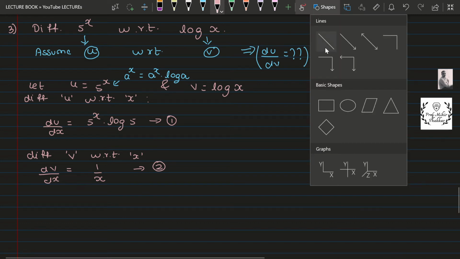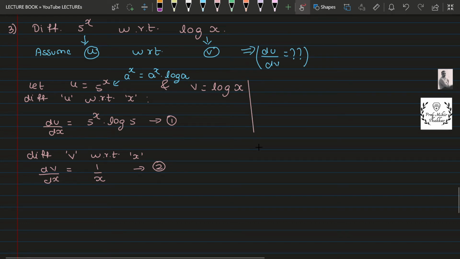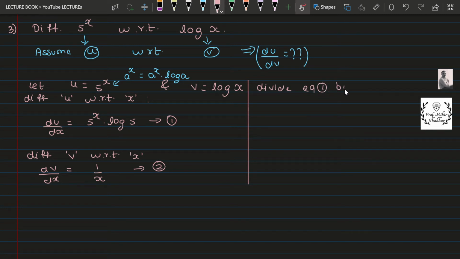But we are interested in finding the value of du by dv. So what we do is, here I will say divide equation 1 by equation 2. So when I divide equation 1 by equation 2, what do we get?